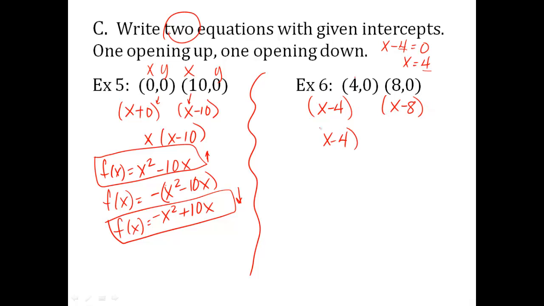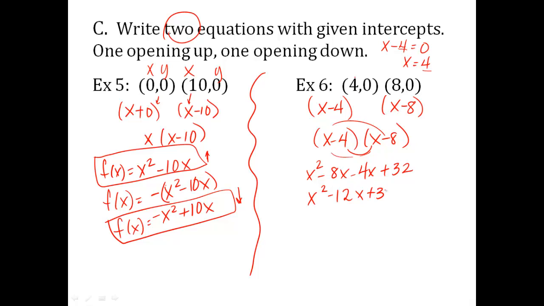Now that I know those, I'm going to multiply these with FOIL or box, whatever way you want. First terms gives me x squared, outer negative 8x, inner negative 4x, and last is plus 32. Simplify. 8 plus 4 is 12, so it's negative 12x plus 32.